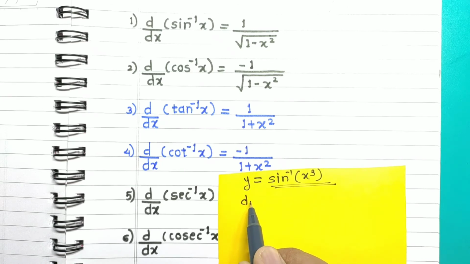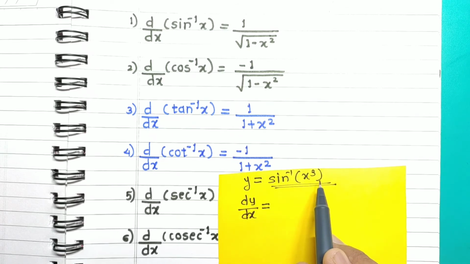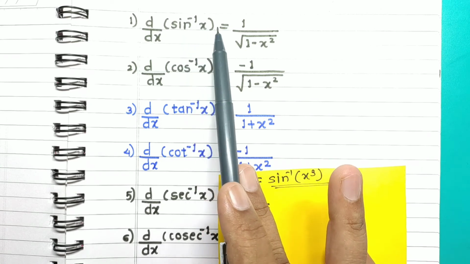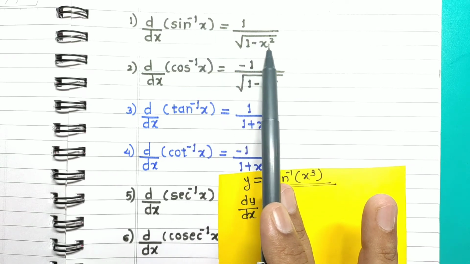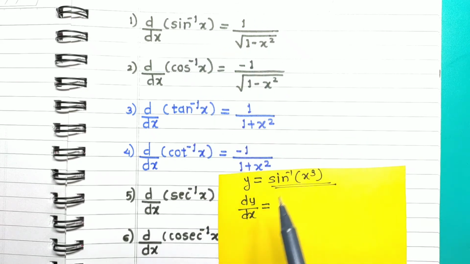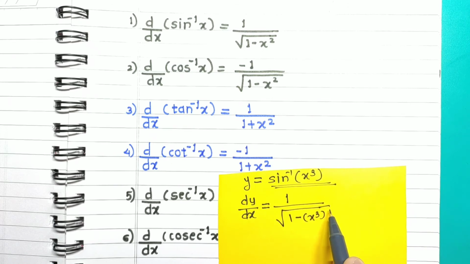Differentiating with respect to x, treat this function as sine inverse of something, and we have derivative of sine inverse of x as 1 upon root of 1 minus x square. So using this standard formula, we can write derivative of sine inverse of something as 1 upon square root of 1 minus something square.